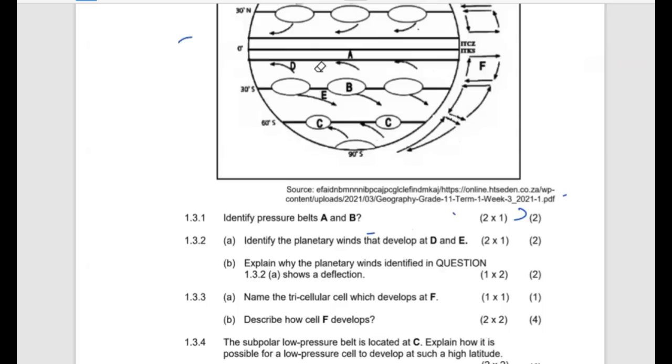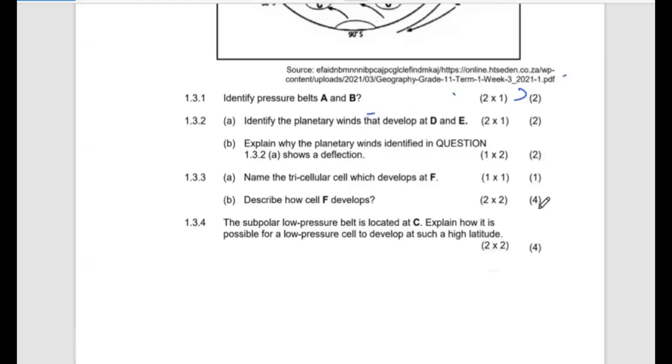Here, D is here. So D, that is the tropical easterlies. And our E, as we can also see, they are the westerlies. Right, those are our planetary winds.